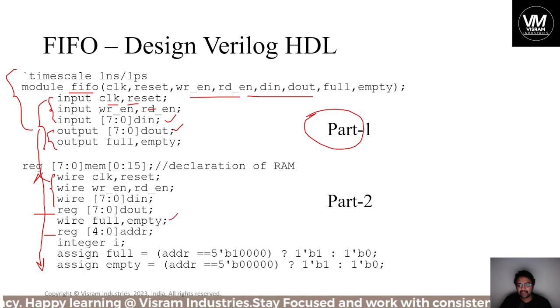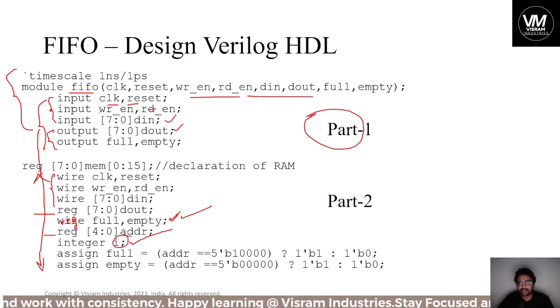Okay, and full and empty can be registers again. You will understand in the coming design, but these can be wires if they are indicated at the input as well. But let us consider an integer i for future purposes.